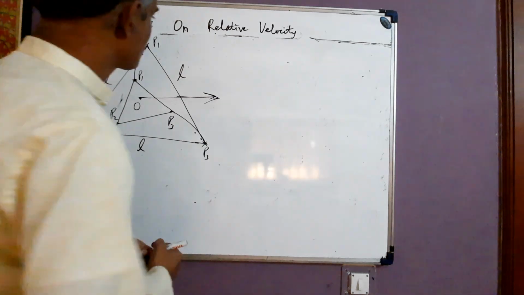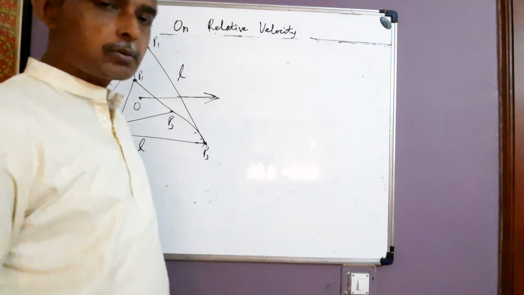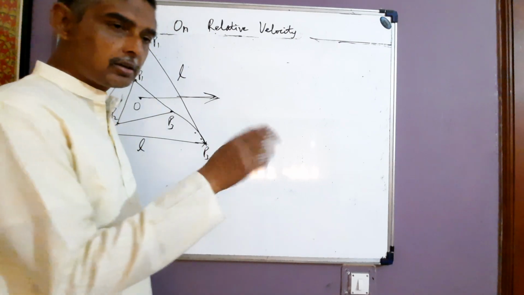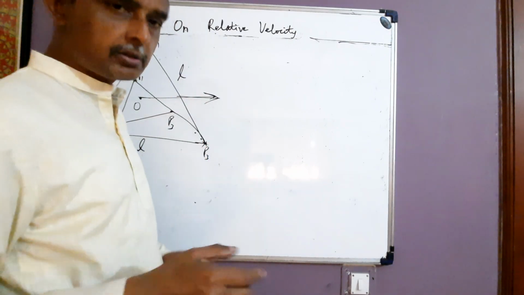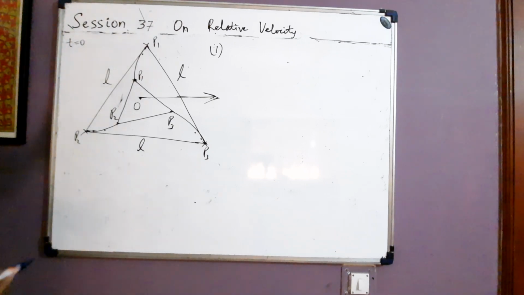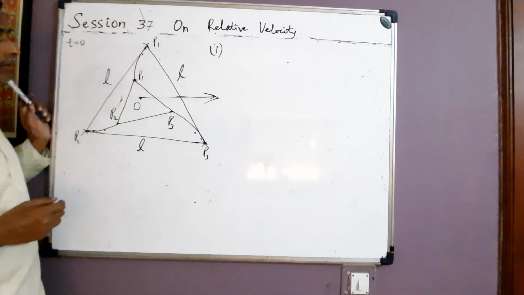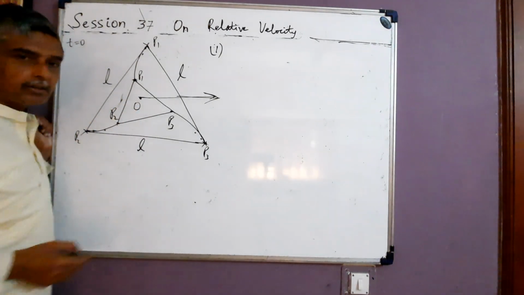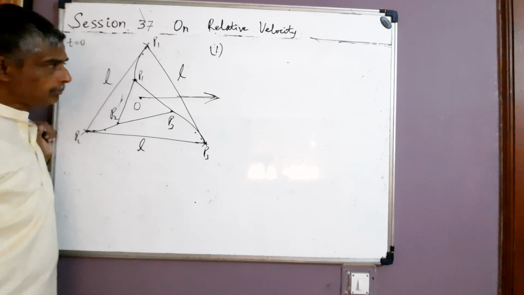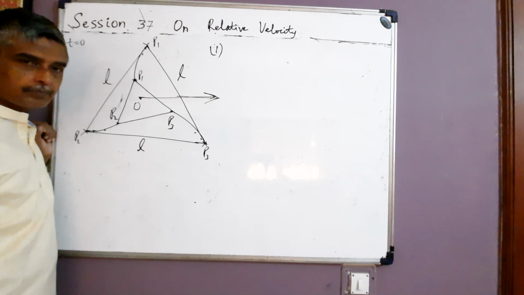Now see, first of all, before solving this problem, three concepts have to be cleared beforehand. First, where will the 3 points meet? 3 points will meet at the center of the triangle. Why? Because the speed of all the points is the same, v, constant.